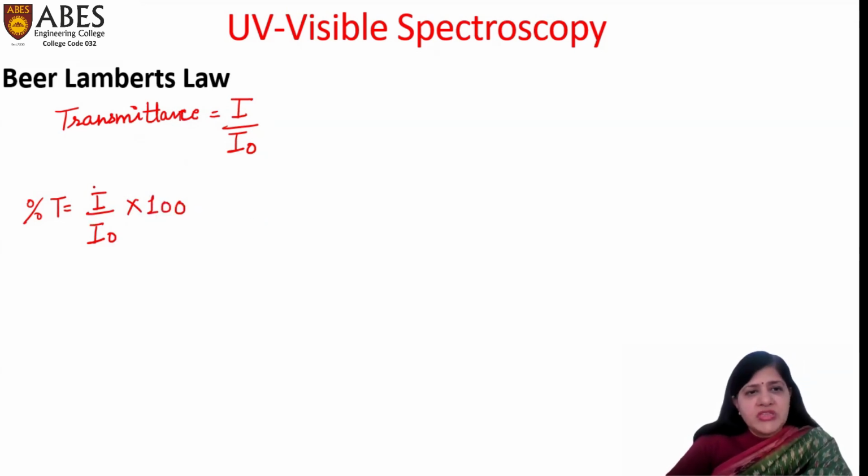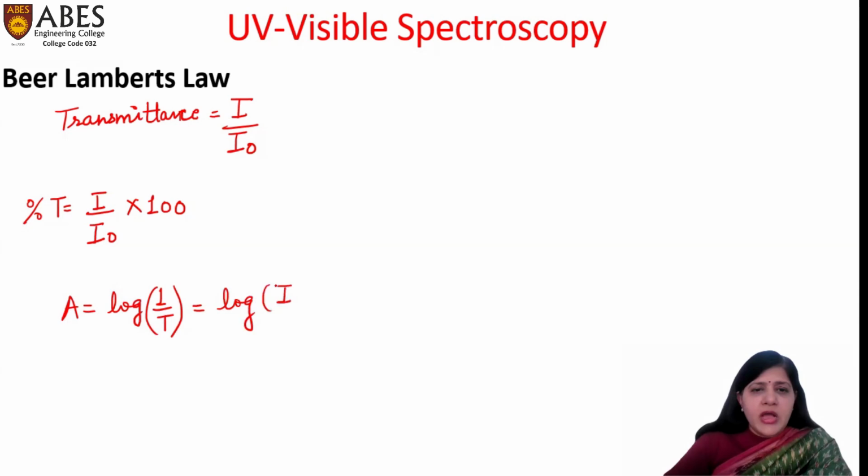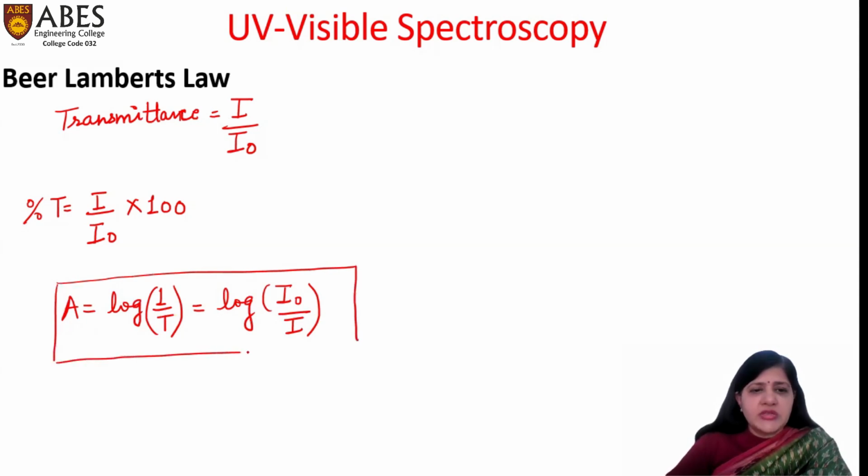If transmittance and absorbance are related, then absorbance is equal to log 1 by T. It means absorbance is equal to log of I naught upon I. This is the relationship between absorbance and transmittance of the medium.